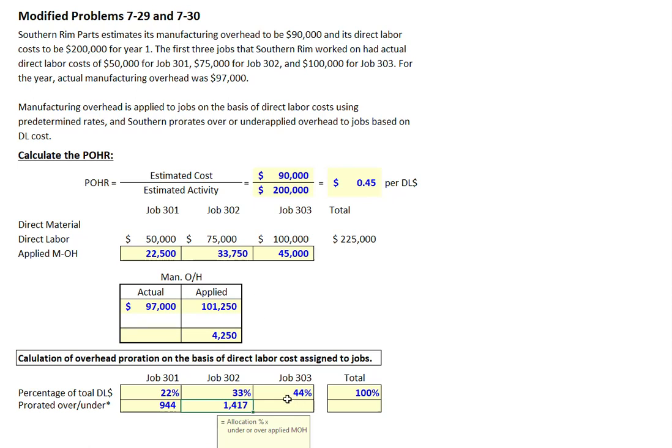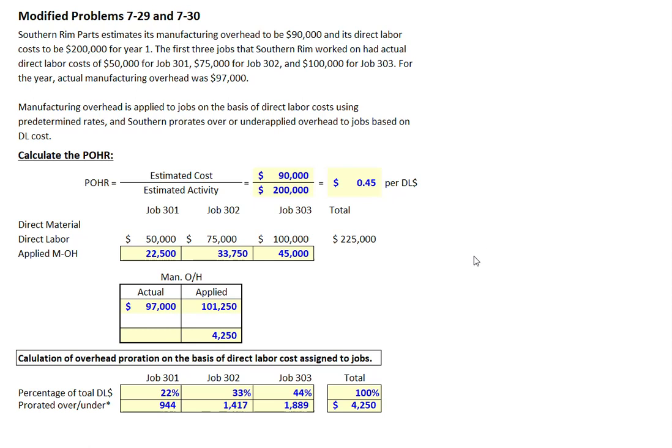And finally, for job 303, we'll take the 44% and multiply it by the 4,250 to get 1,889. Adding it up to make sure that we have indeed allocated all of the over-applied manufacturing overhead.